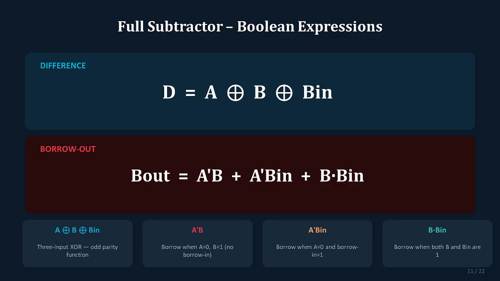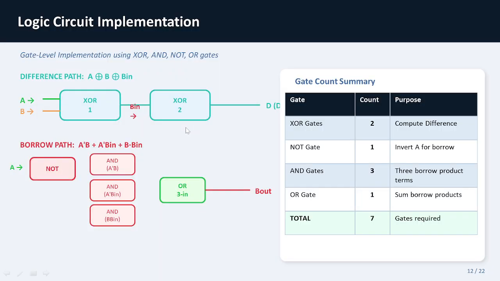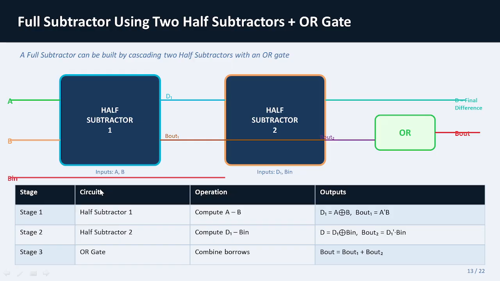And we got our difference and borrow out from the K-map. After that, you can draw a logic gate implementation using the equation and how many gates they have. For the borrow path also you can do it like that.